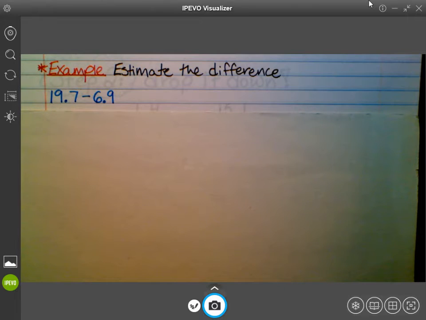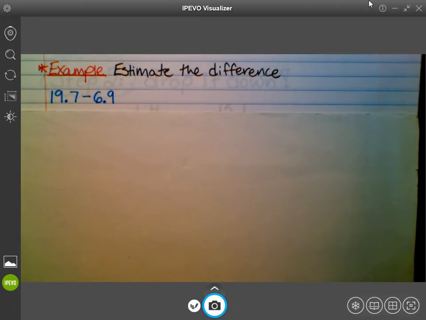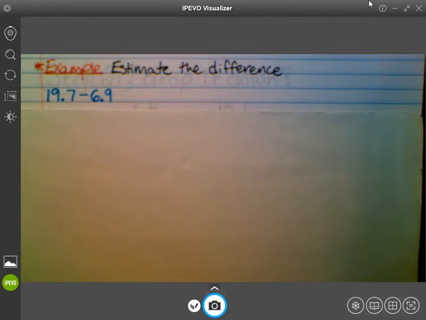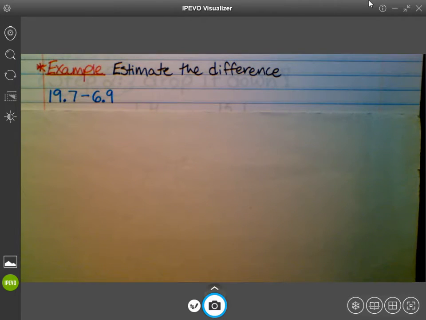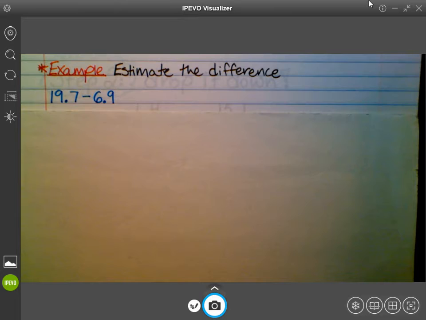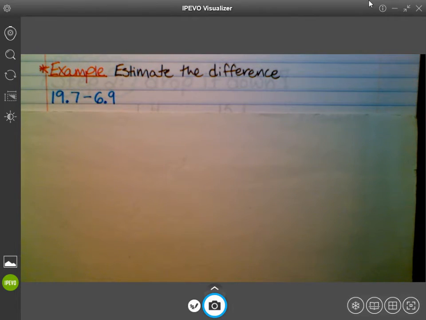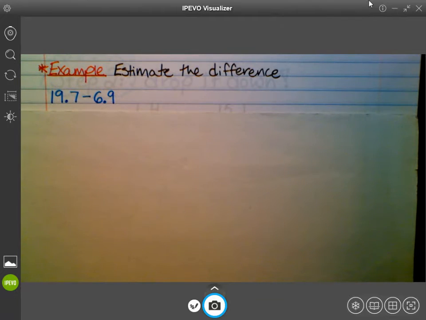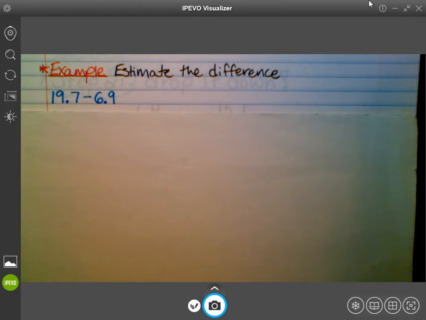And then you also want to round to the ones place, right? The largest place value here says tens place, right? So underline the tens place.